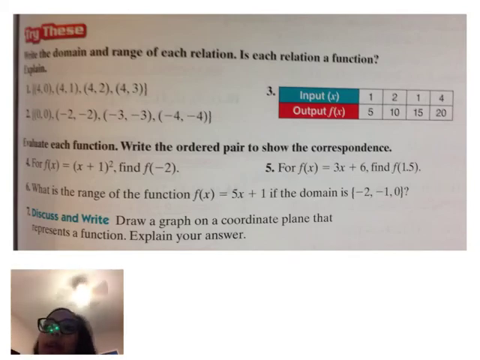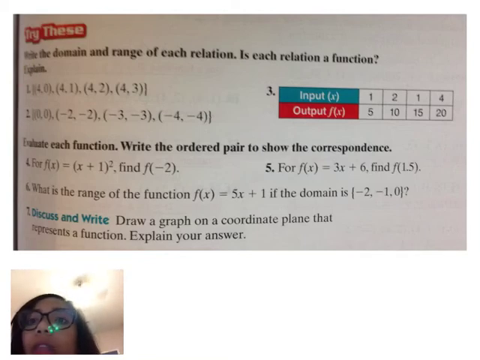Write the domain and range of each relation. Is each relation a function? And explain. For numbers 1, 2, and 3, your domain is your x values. I'm going to do number 1 with you.